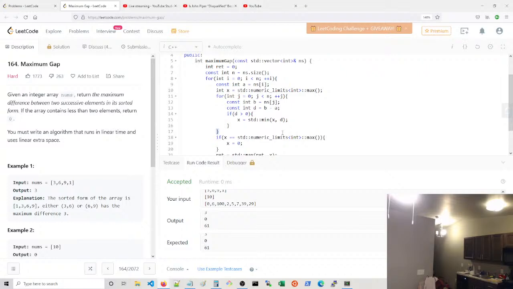Could you find those smallest differences? Maybe we can make an array to find the smallest differences. So the smallest difference between the first element, and the smallest difference between the second element, and so on. I mean, you could do that in quadratic time. Let's think about that for a minute.